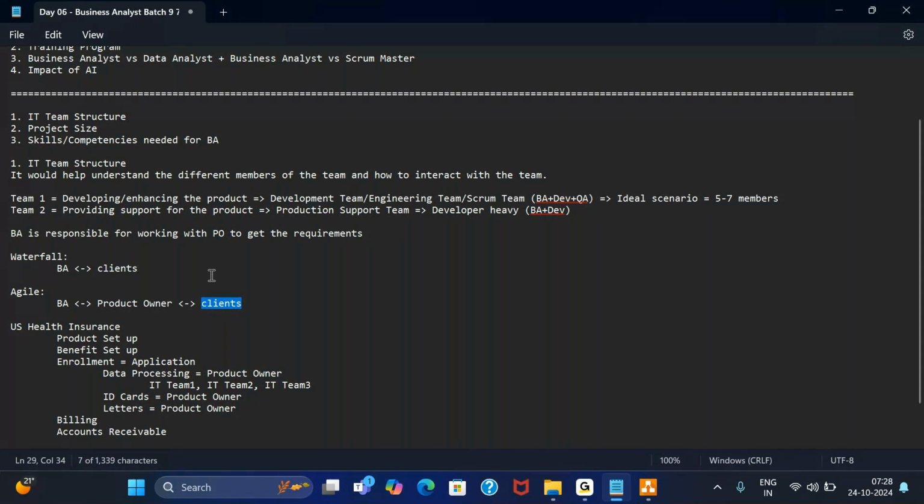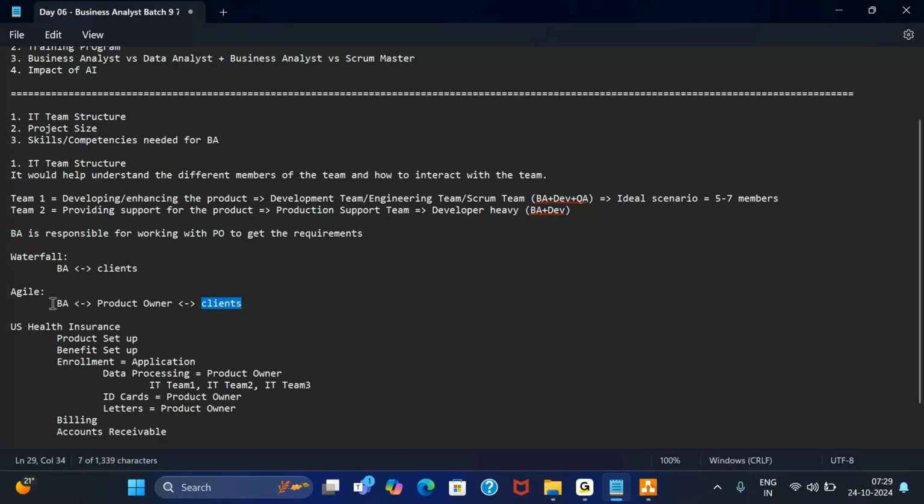Now there could be certain IT companies that may not have product owners because of the small size of the company. Maybe it's smaller in size and cannot afford to keep multiple people. If you keep multiple people, you will have to pay them salaries also. So being a startup, maybe you don't have that much budget or luxury.